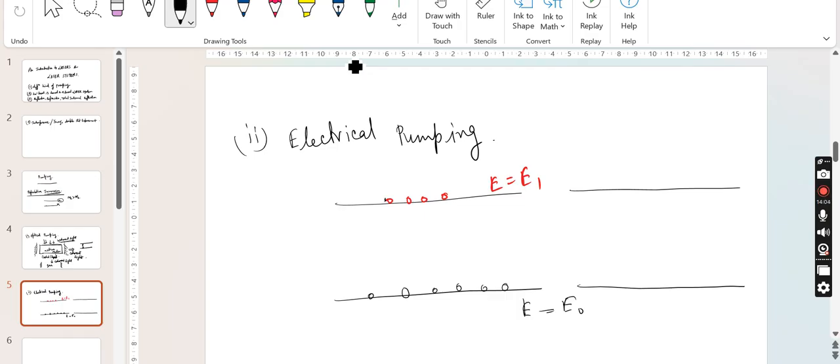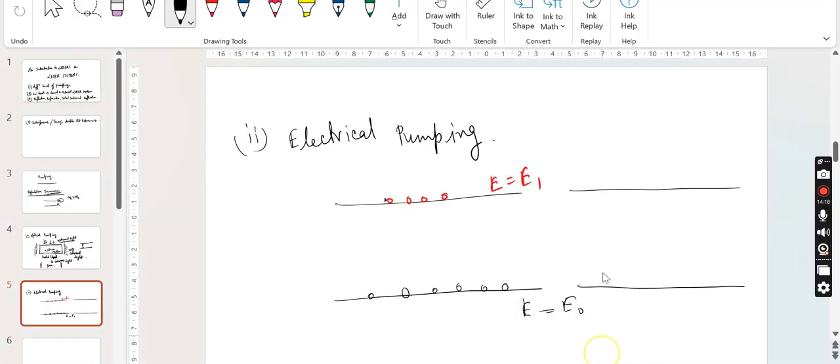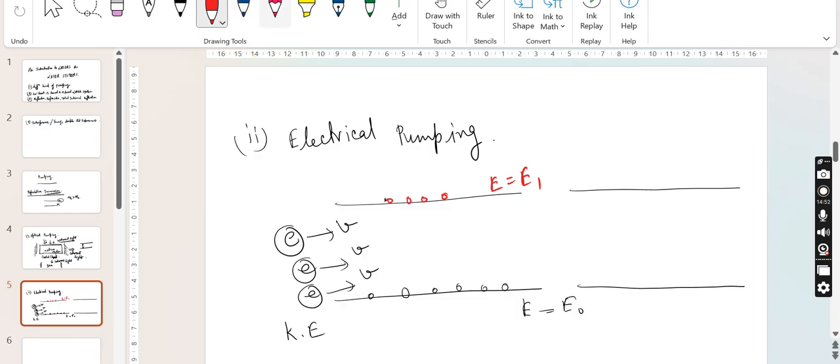Okay. So in this electrical pumping, population inversion is created with electrons produced in a high voltage discharge, and these electrons collide with a velocity v with these ground state atoms and transfer their kinetic energy to the ground state atoms, and they go to the higher state.